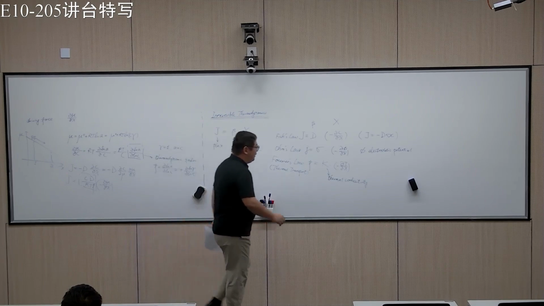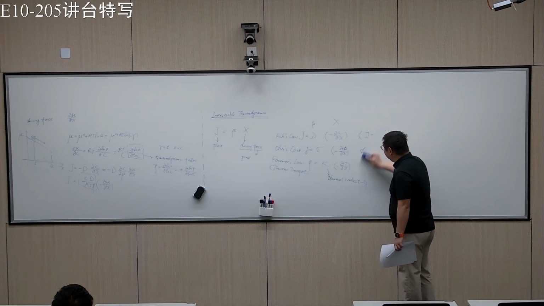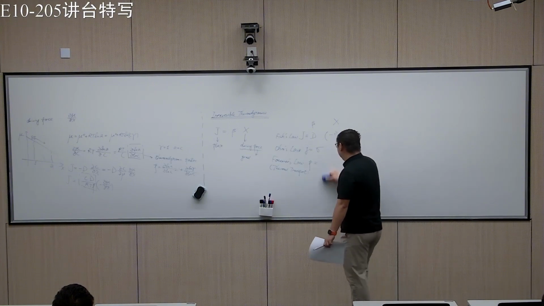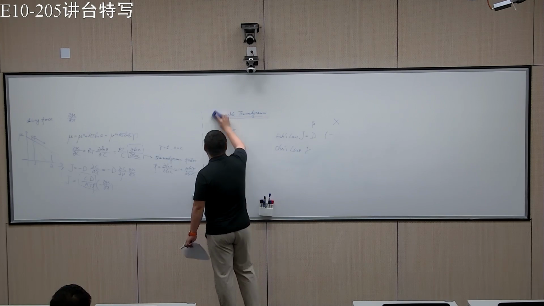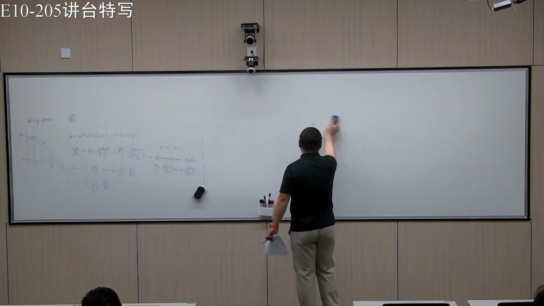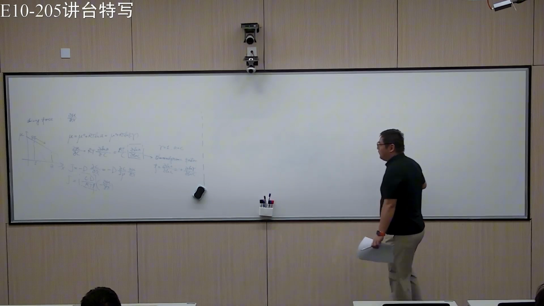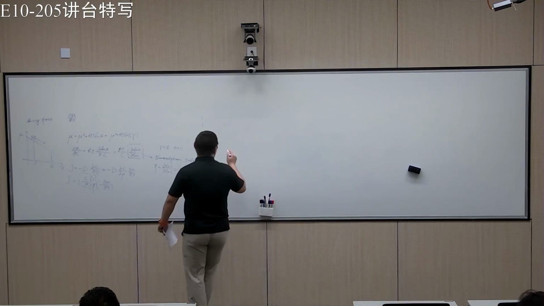Okay, so of course, what we want to talk about is not diffusion itself. What we want to talk about is actually diffusion of the ions. Okay. So what's special about diffusion of ions is that ions are charged.